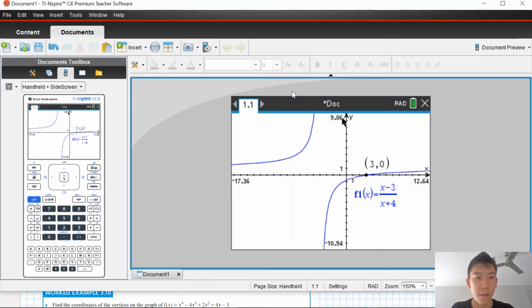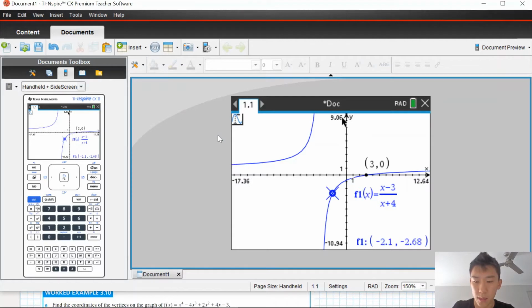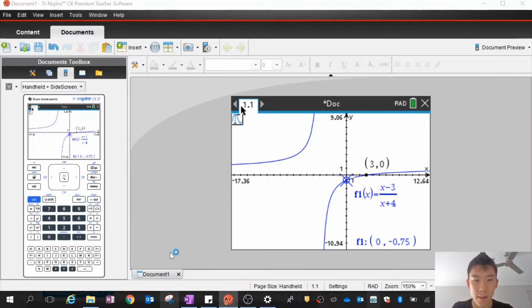So we have one at (3, 0). And then if I go into Trace, if I want to find my y-intercept, that's when x equals 0. So we have (0, -0.75), so it's -3/4. There's our y-intercept. So let me just go ahead and clip that in.